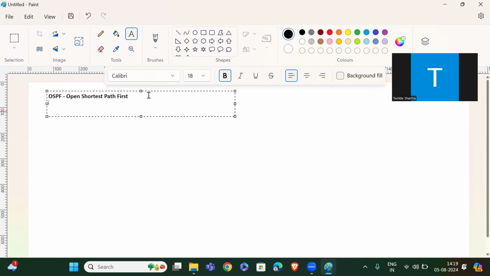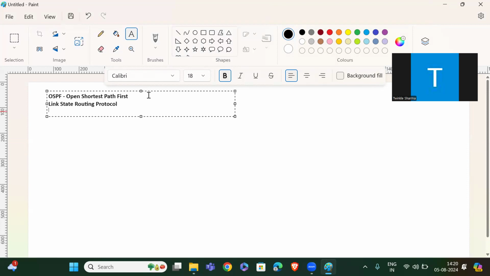Okay, so OSPF is a link state routing protocol.